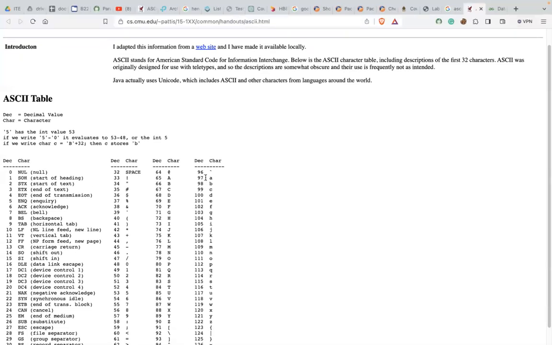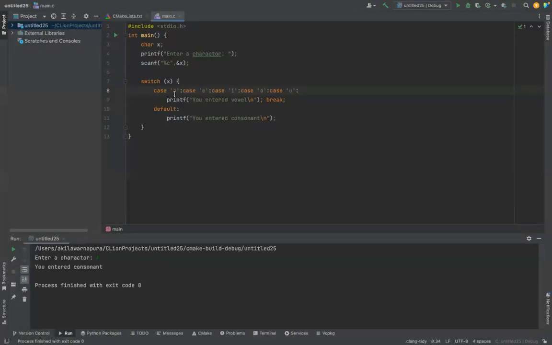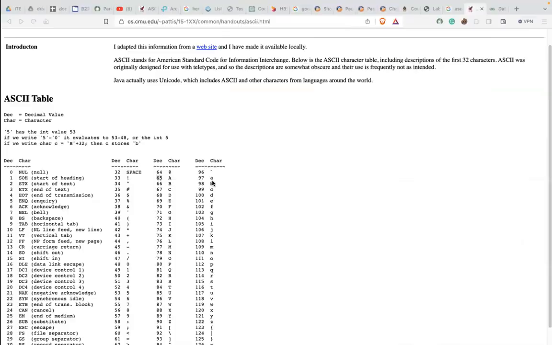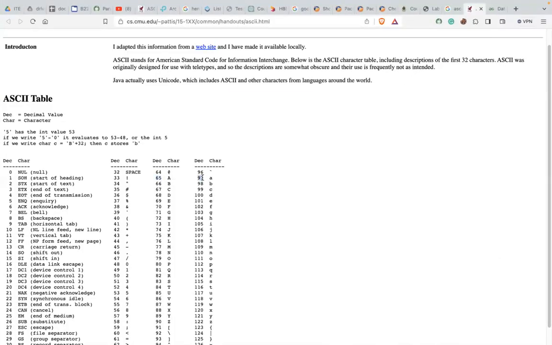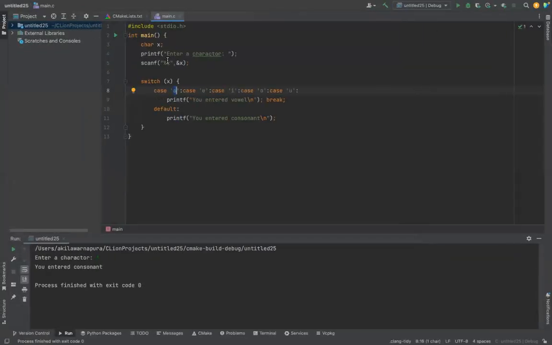Simple A as a character has the decimal value 97. Actually it is saved as the binary value of 97. But capital A is 65. That means here case A means 97. It checks whether the user entered character A, which is 97, and whether it equals 97.